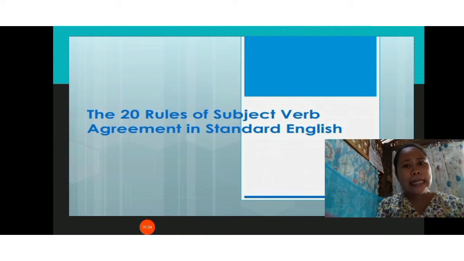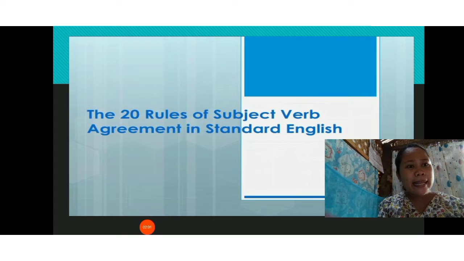So, especially in academic writing, it is really important to learn and understand subject-verb agreement rules for you to be able to write your sentences correctly, for you to be able to deliver your message to your readers clearly, and your readers will not be left behind wondering who did the action and what they did.